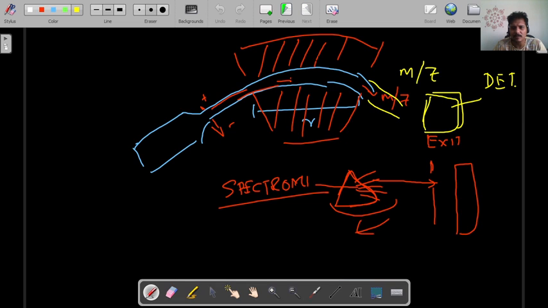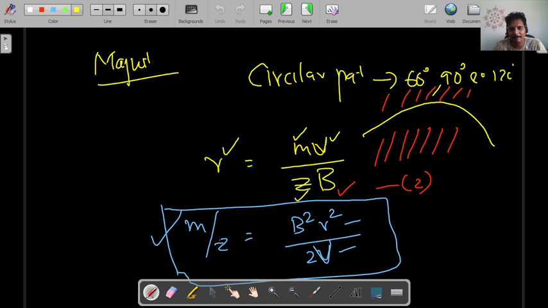With this detector we have to collect different mass to charge. As per this equation, you are keeping your R constant and V constant, that is, the initial push is constant and the radius of curvature is constant. The only thing that is going to change is the magnetic field intensity.